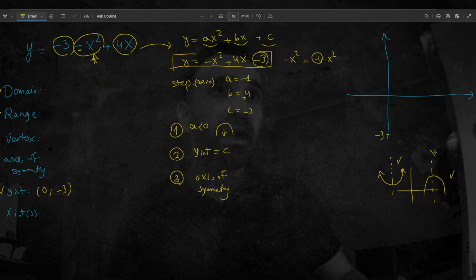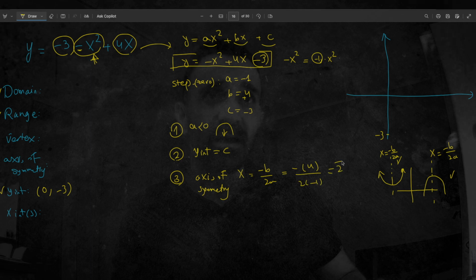This line has an equation. The equation is x equals minus b over 2a. Okay, so this is the equation of this vertical line. Now, how can I find axis of symmetry? X equals minus b over 2a. So it's going to be minus 4 divided by 2 times minus 1.